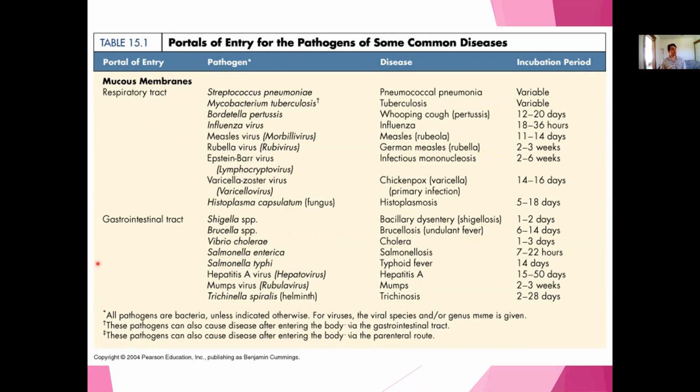So all of those fall into this category of mucous membranes. But here you can see it is divided into respiratory tract, so that will be everything used to breathe, essentially, or gastrointestinal tract. So definitely have a look at this. It's very good reference material for the exams and the tests that are coming up. So be sure that you have a look at these.